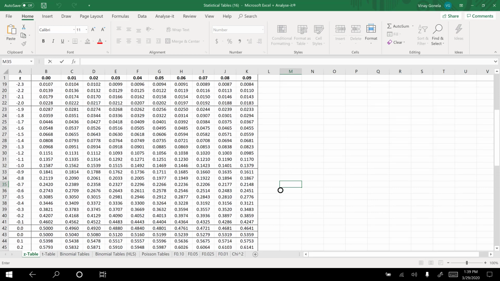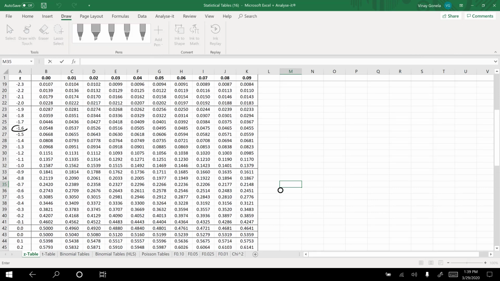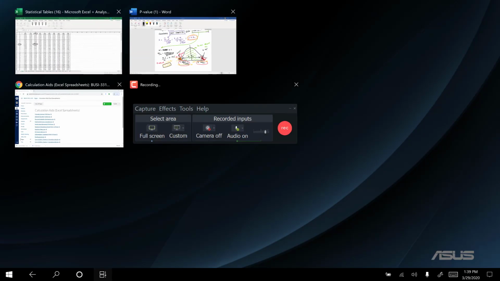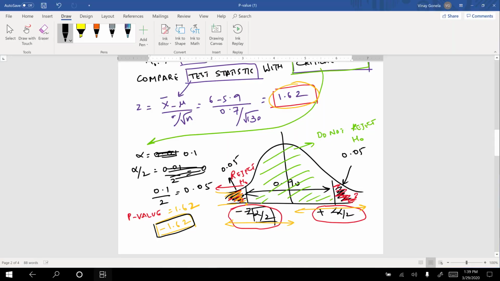So negative 1.6 and then 2, the value would be 0.0526. So this value will be 0.0526.